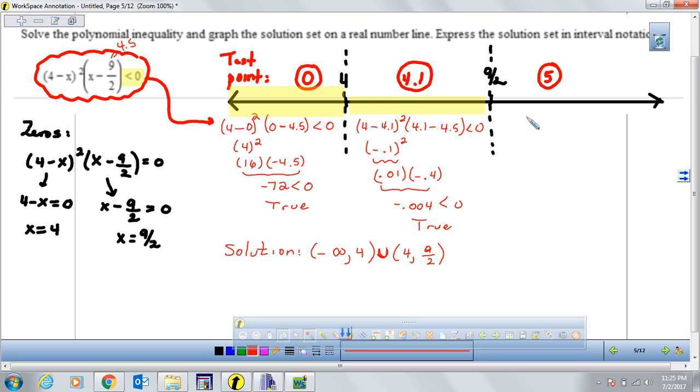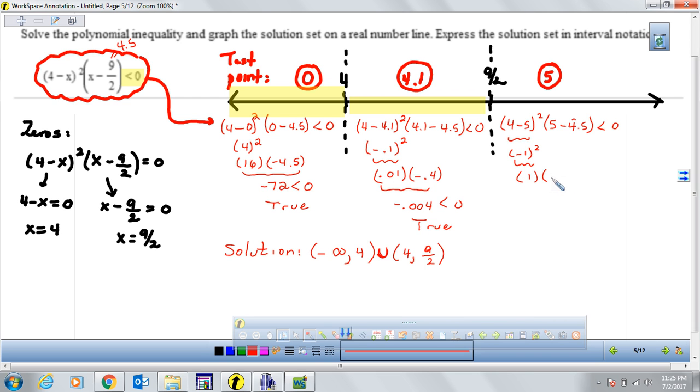Now we're going to test the last interval. So we're going to replace the 5 into the x. So it's 4 minus x, which is 5, squared, times x, which is 5 minus 4.5, is less than 0. 4 minus 5 is going to be negative 1. If I square it, it's going to be a positive 1.